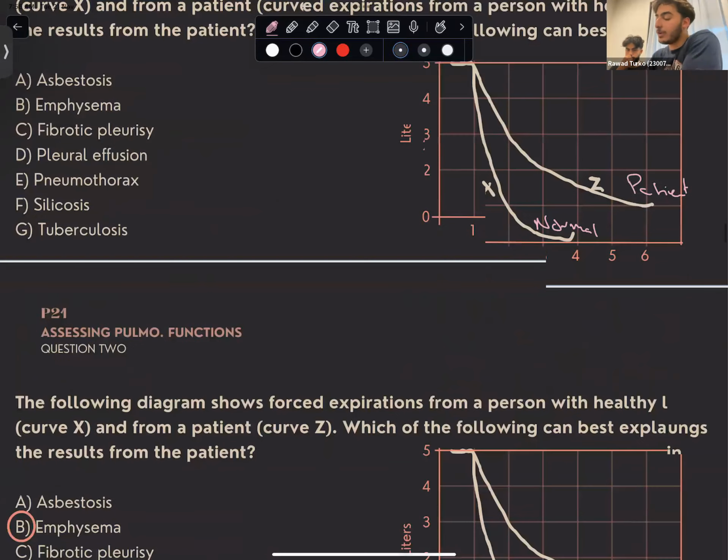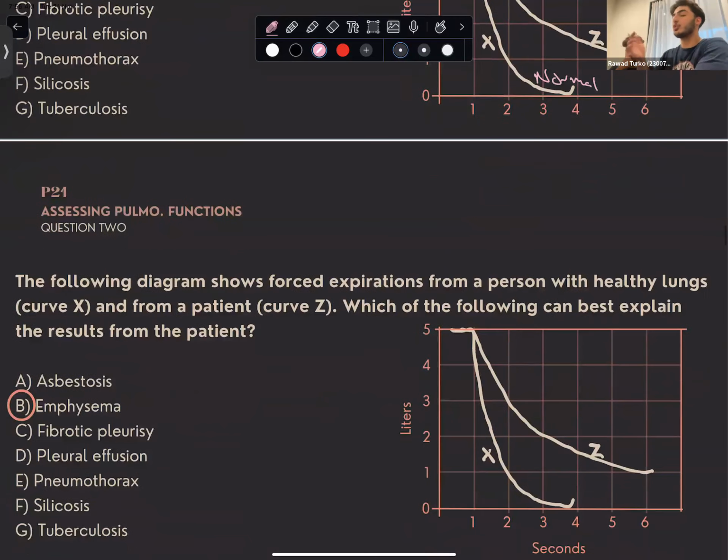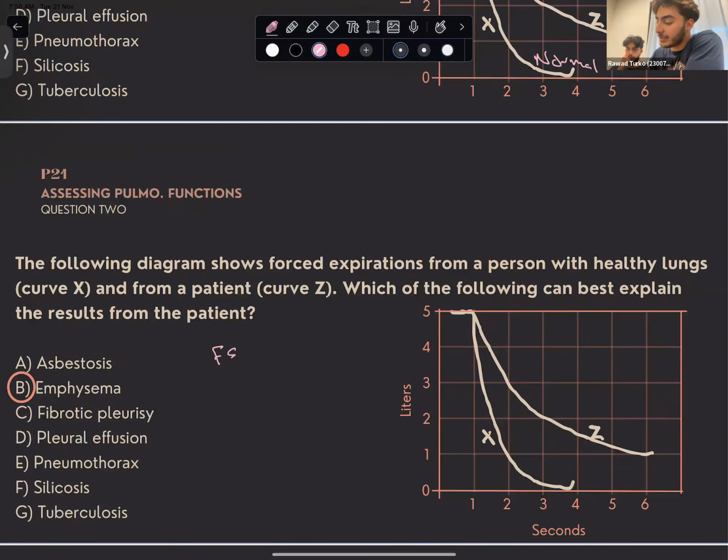I'm going to put two questions into one. Can somebody calculate for me what FEV1 is for the normal patient? So this is 1 second right here, from here to here.